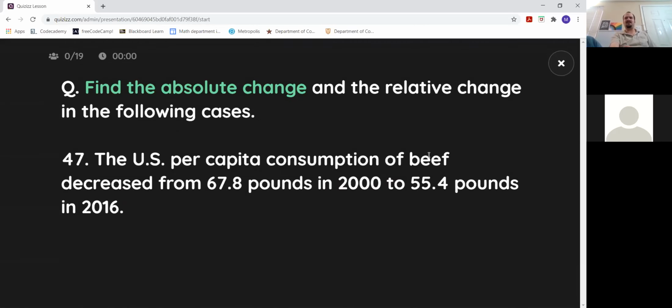I think this is decreased from this to this. So you do have to put these things in the correct order. It's got to be new minus old, and then we do new minus old over old, right? So it is important to put signs in there, I guess is what I'm trying to hit.